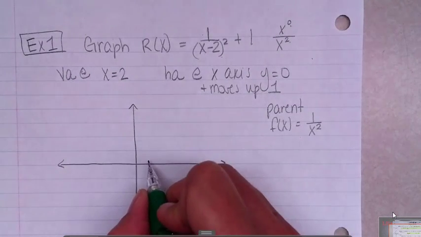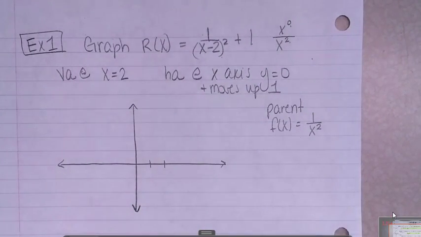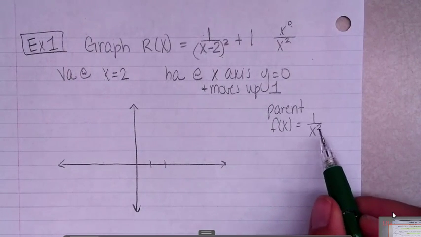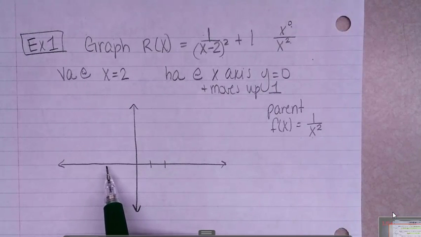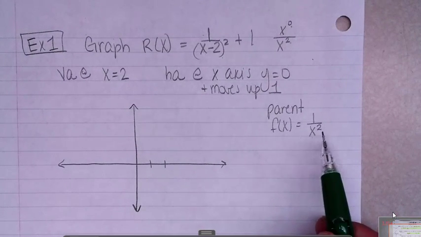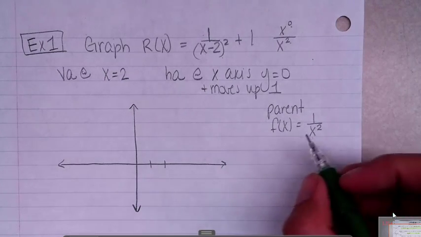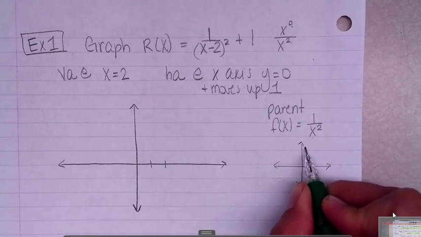It's a rational function like 1 over x. The problem is, no matter what x you put in, you're always going to have a positive output, right? If I put negative 2 in, that's going to be 1/4, and if I put 2 in, I also get 1/4. So this thing's going to be symmetrical. The parent graph originally looked something like this.